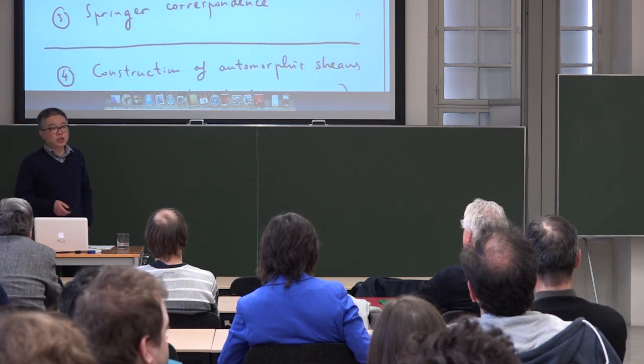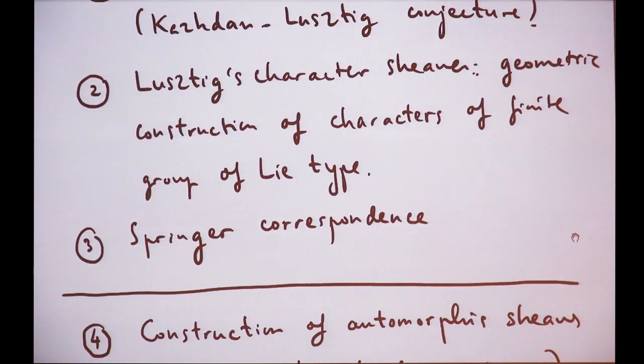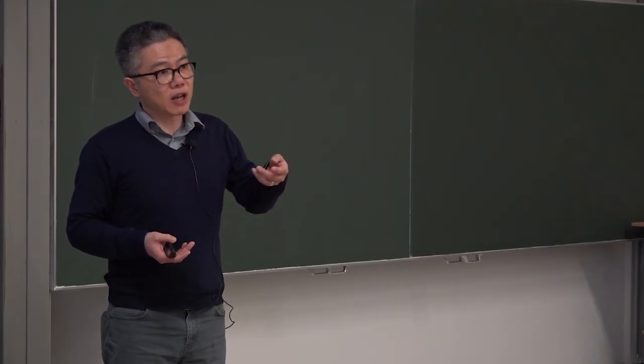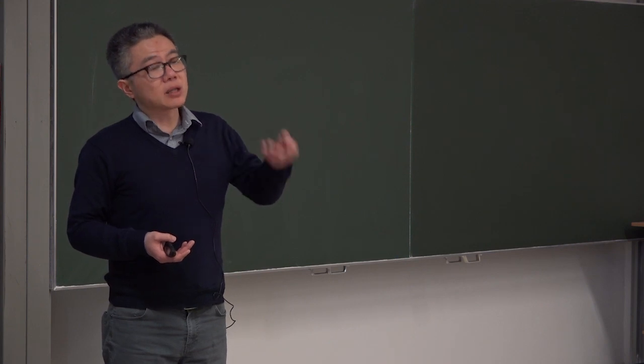And on the Springer correspondence, the Springer correspondence relates the unipotent or nilpotent conjugacy classes in the group with the representations of the Weyl group. Right? In the case of GL_n, the nilpotent classes and unipotent classes are classified by partitions.